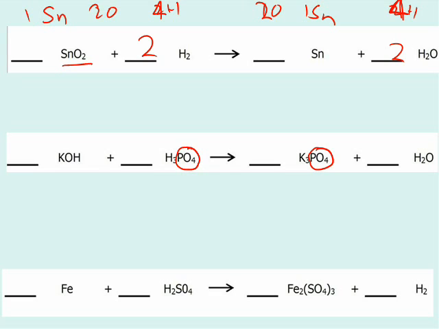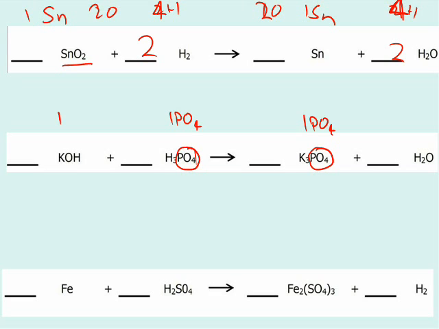Treat the polyatomics as though they're just one thing, one little entity. Okay? Don't break them up and count them down. Treat them as though they're one, because it gets much easier that way. So there's one PO4 on the reactant and the product side.